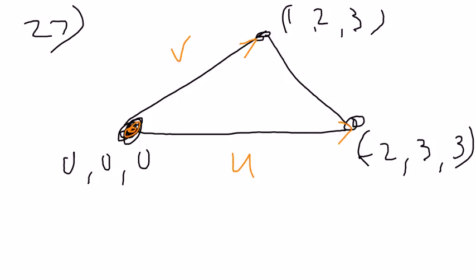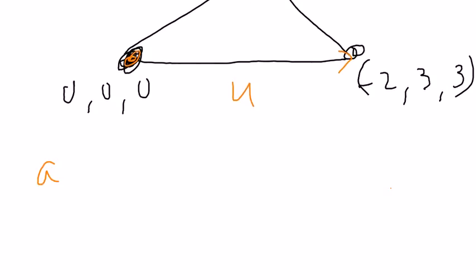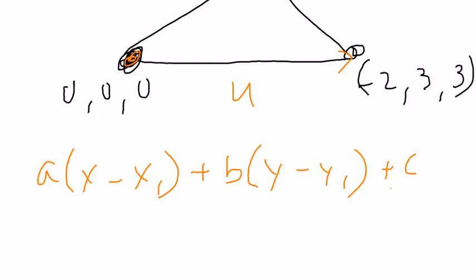Okay, so the equation for a plane is a(x minus x1) plus b(y minus y1) plus c(z minus z1) equals 0. So I ran out of room again.